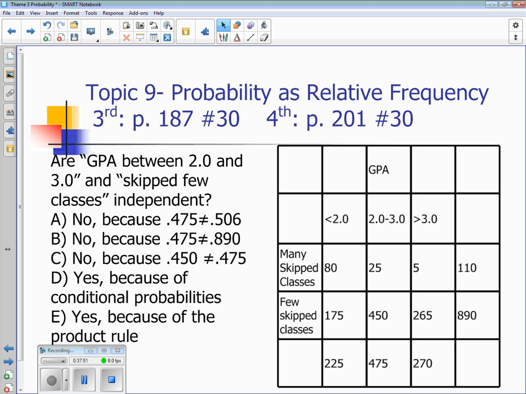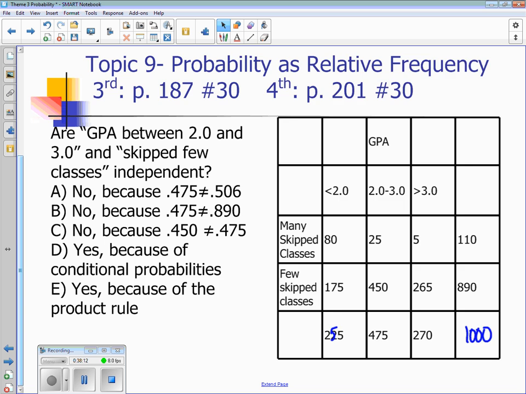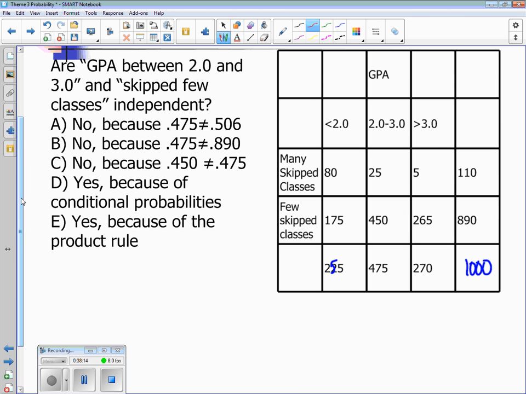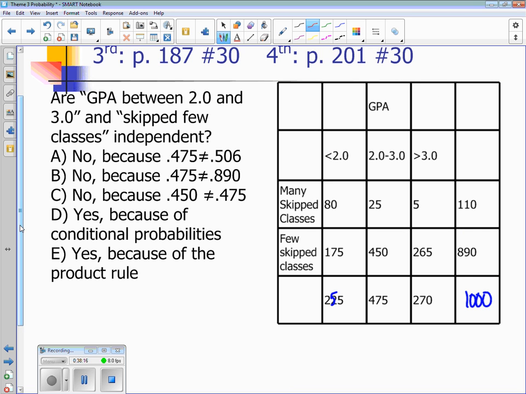Where are they getting these numbers from? Probability of GPA out of the total number. Let's put it in context for a second. So we are trying to find the probability. If we're trying to show independence, we can show it this way. The probability of less than 2.0 and skipped is the same as the probability of less than 2.0 times the probability of skip.